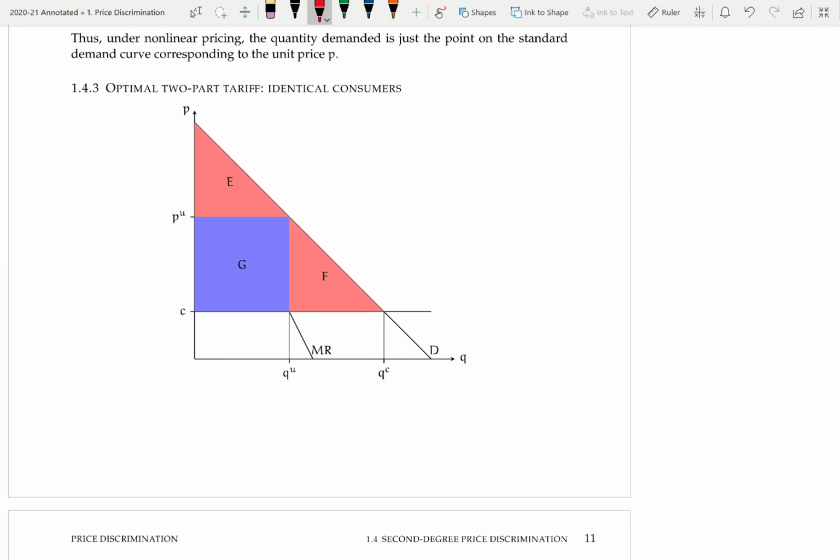And then, if there were no access fee, consumer surplus would be E plus F plus G. But the monopolist can then charge that as an access fee, and the consumer would be getting a zero surplus and just be indifferent between buying and not. So the optimal thing to do here is to charge a price per unit equal to marginal cost, sell QC units, and make the access fee equal to E plus F plus G.